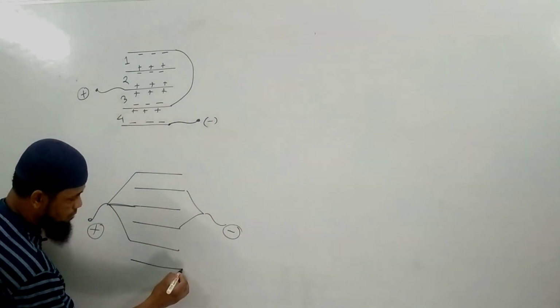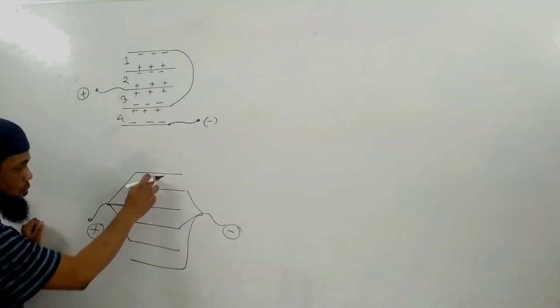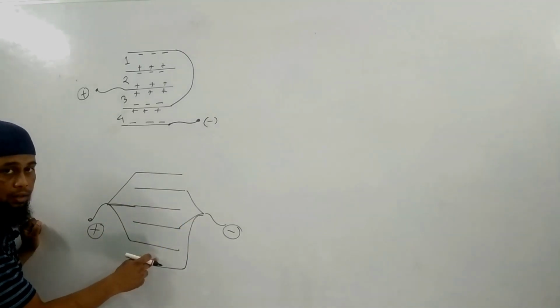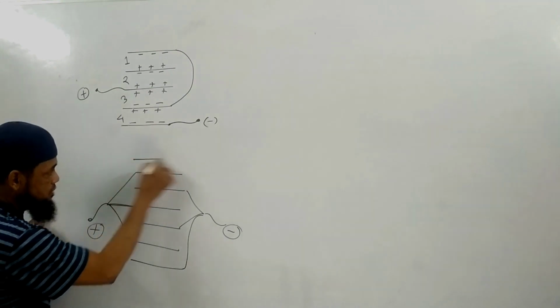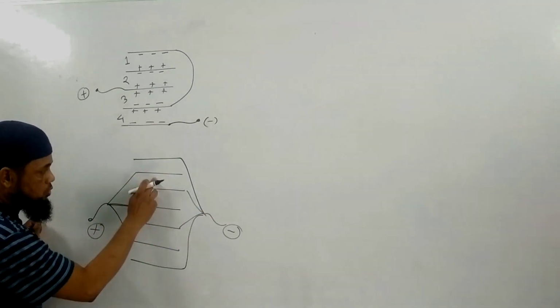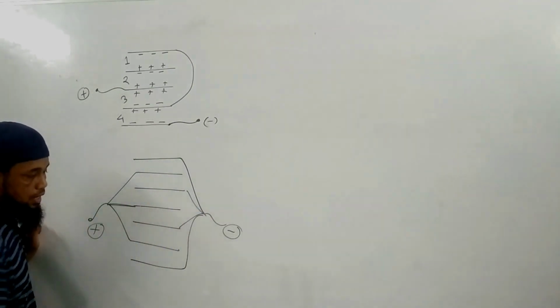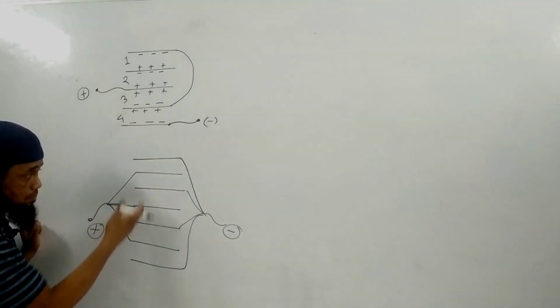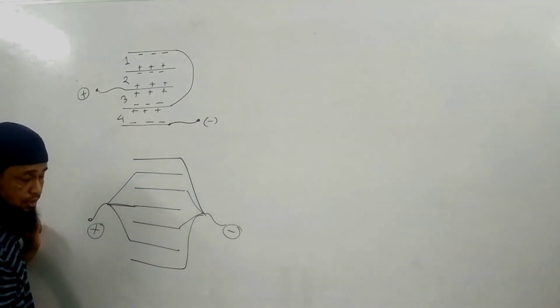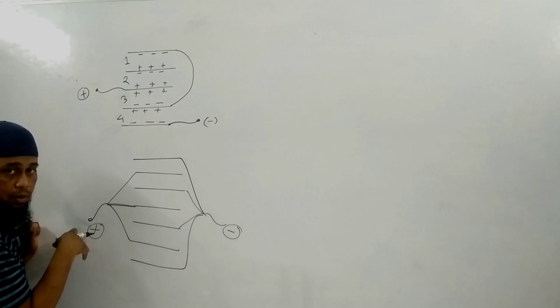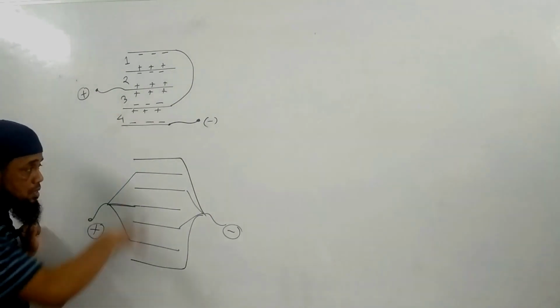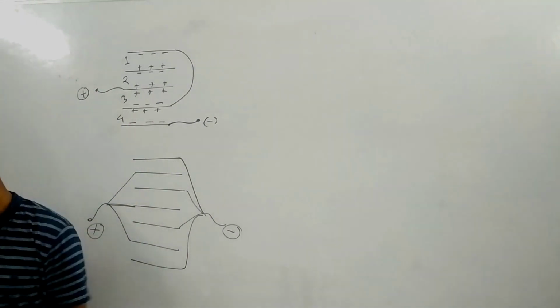If I put one more plate and join it, 1, 2, 3, 4, 5, all connected in parallel. If I join one more plate, 1, 2, 3, 4, 5, 6, all connected in parallel. When alternate plates are connected to one terminal and the other alternate plates are connected to the other terminal, they all will be in parallel.